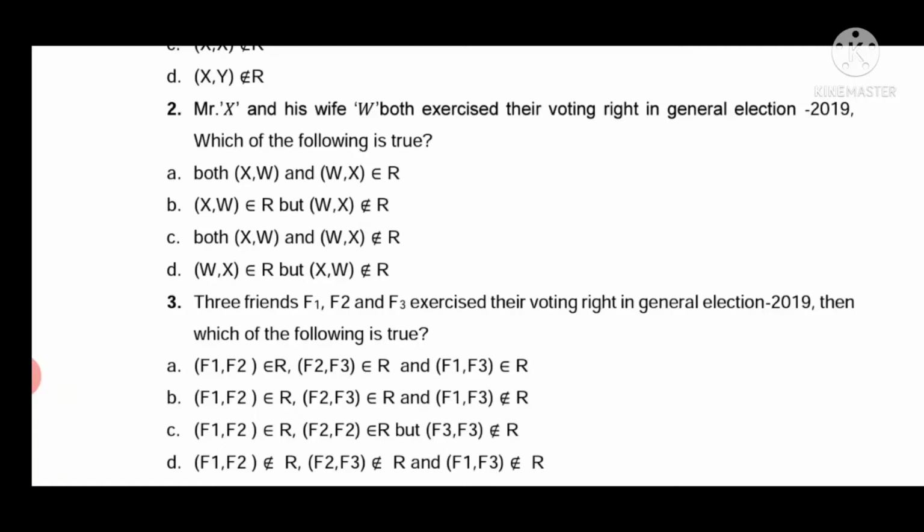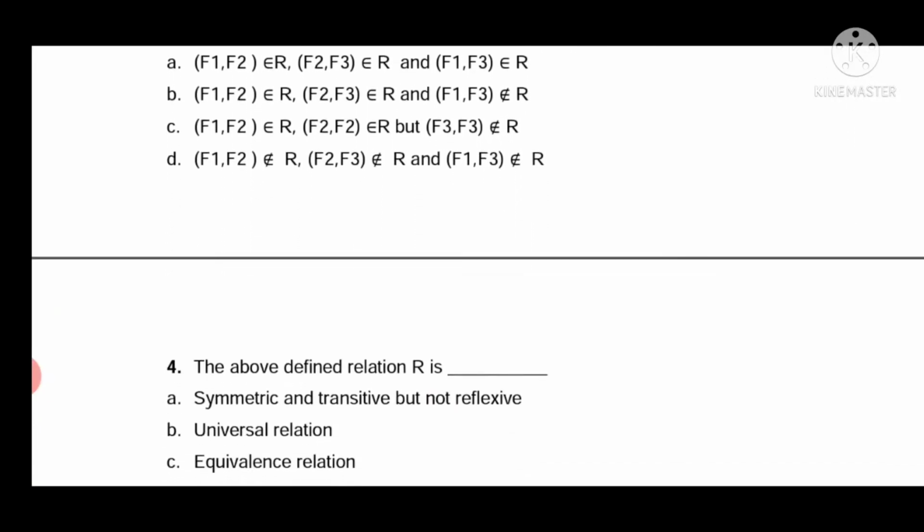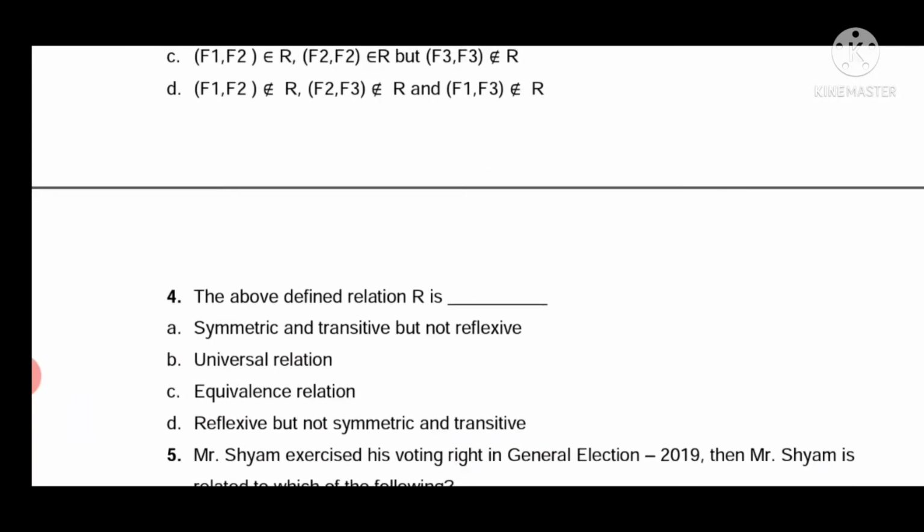(F1, F1), (F2, F2), (F3, F3) belong, so it is reflexive. So it is reflexive, symmetric, and transitive, so we can say it is an equivalence relation. So in this question number four, you can see the above defined relation R is symmetric. Here the answer is C, equivalence relation.